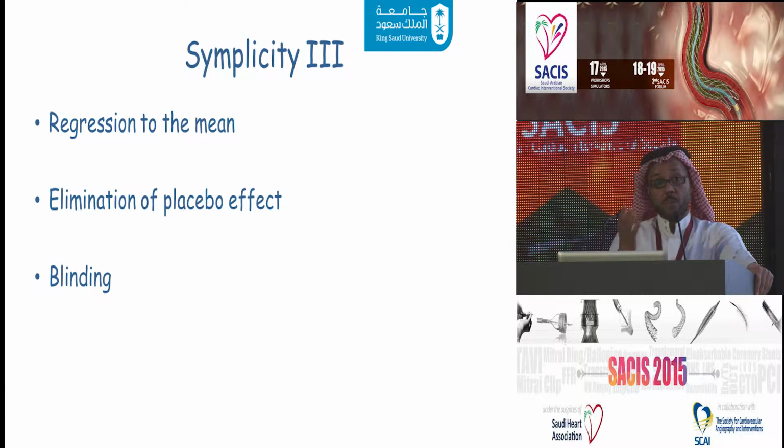Had they repeated and taken multiple measurements and gotten the mean, maybe it would have been a true estimate of the pre-procedure blood pressure. That was not done in Symplicity I and II. However, in Symplicity III, the patients were required to have more than one measurement prior to the procedure, and they took the mean as the pre-procedure blood pressure, which is more accurate and reflective of the true blood pressure of the patient prior to the study. So that phenomenon happened in Symplicity III.